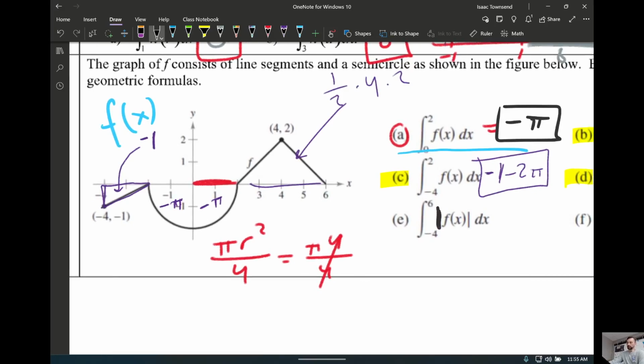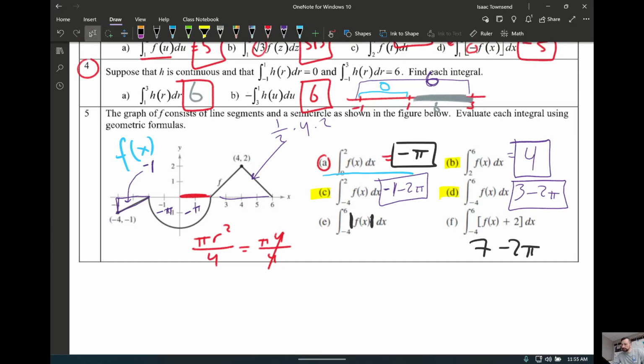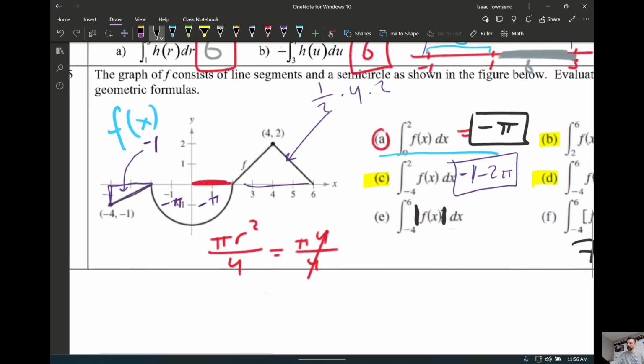So absolute value, remember that means everything's positive. So if it's above the x-axis, it's already positive. If it's below the x-axis, it's negative, but we're going to make it positive because of this. So from -4 to 6, you're going to be tempted to maybe do this, but I would be careful with that.